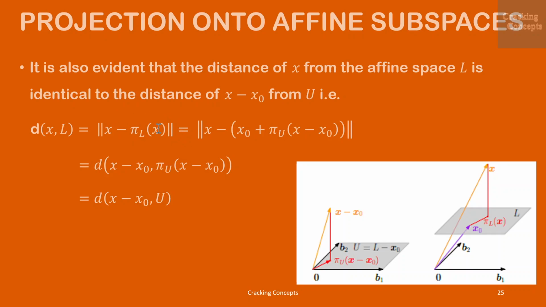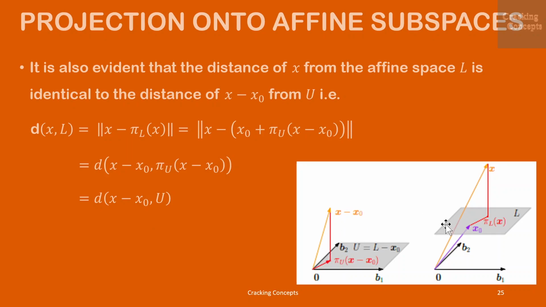Now we substitute for pi L of x, giving the norm of x minus x0 plus pi U of x minus x0. Opening the brackets, we get the distance between x minus x0 and pi U of x minus x0, which can be written as the distance between x minus x0 and the subspace U.